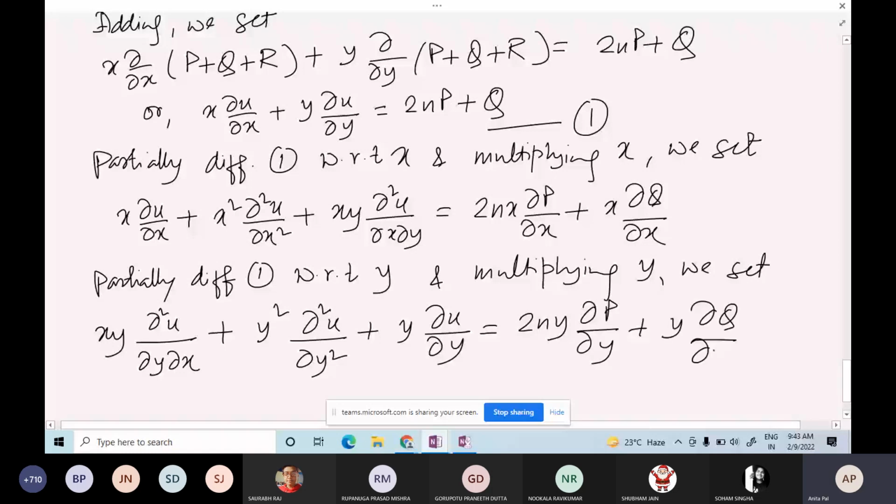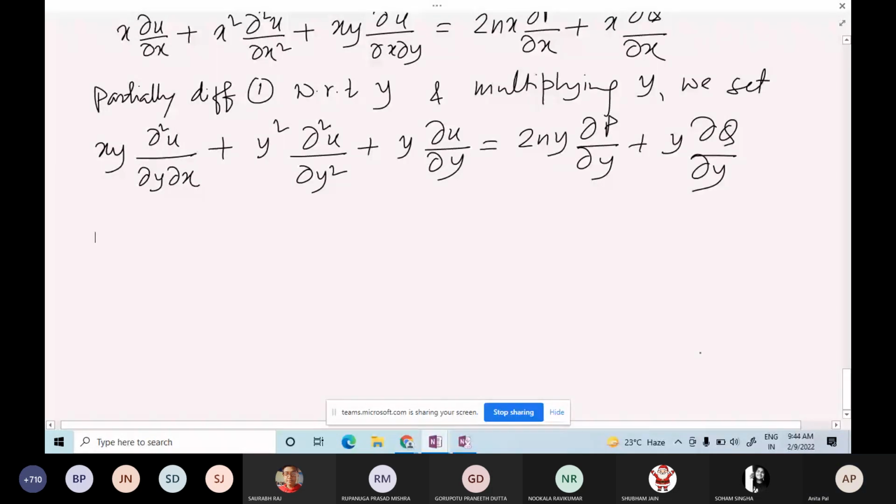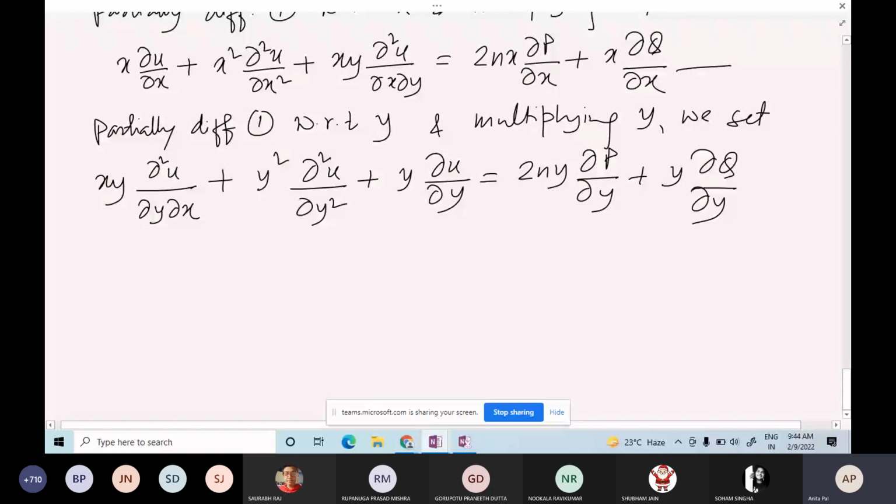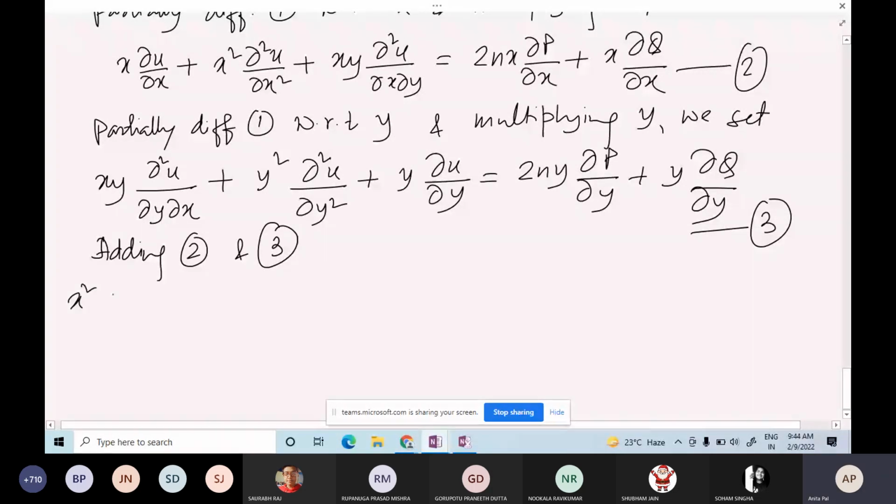Now if we add these two equations, equation number 2 and equation number 3, we'll get x square del 2u del x2 plus 2xy del 2u del x del y plus y square del 2u del y2.